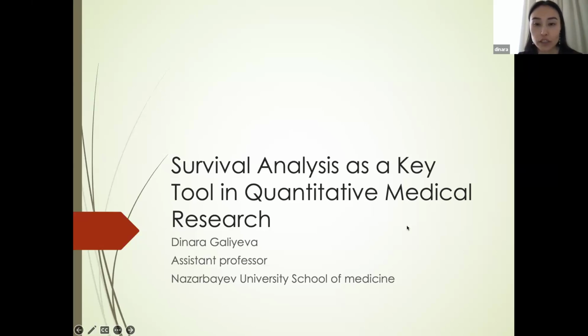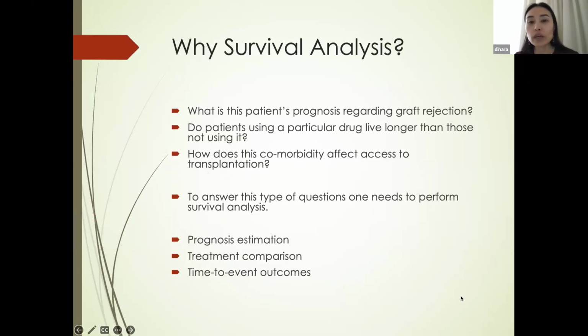And I think many clinicians have the research question in mind to assess whether one treatment is better than another in terms of survival probabilities. So we will talk about that.